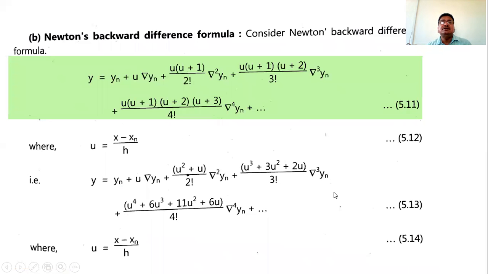The same proof applies if we have to find the differentiation of first order and second order using Newton's backward difference formula. So what is Newton's backward difference formula?